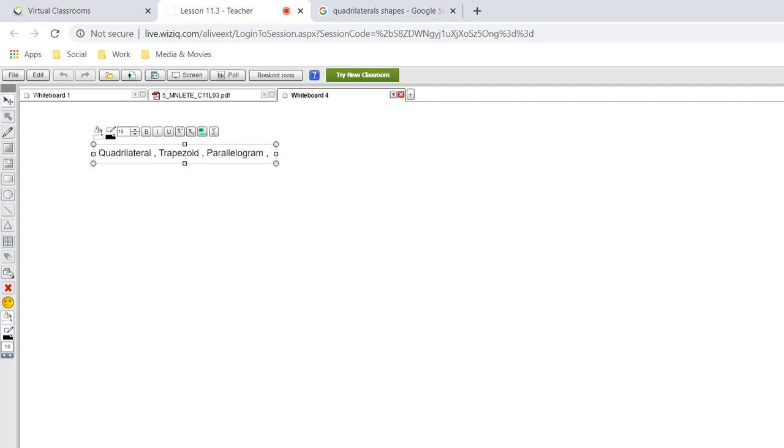And then after parallelogram, rectangle. After rectangle, rhombus. After rhombus, square.